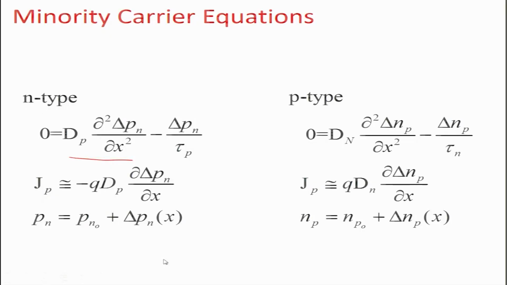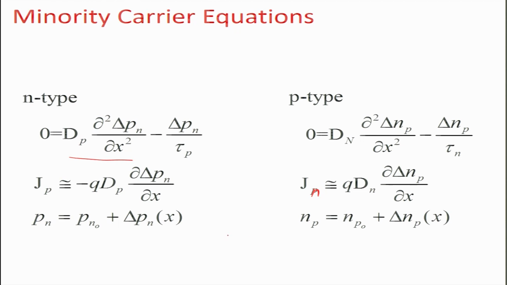Now, for p type you can write similar equations. In the steady state, 0 is equal to Dn del 2 delta Np divided by del x square minus delta Np by tau n. Jn in this case is q Dn del delta Np by del x, which is the diffusion current for electrons, and Np is similarly Np naught plus delta Np of x.